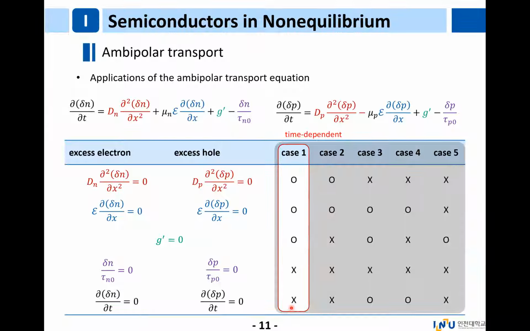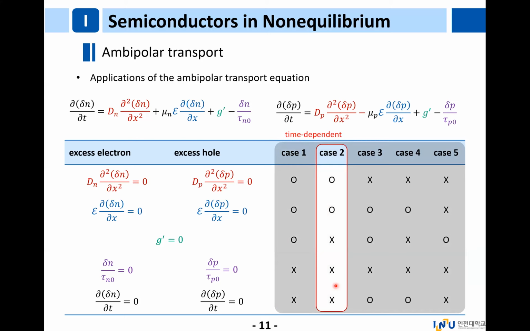And next, we consider a scenario where light was absent and then suddenly applied uniformly. In this case, excess carriers increased over time until reaching a steady state.